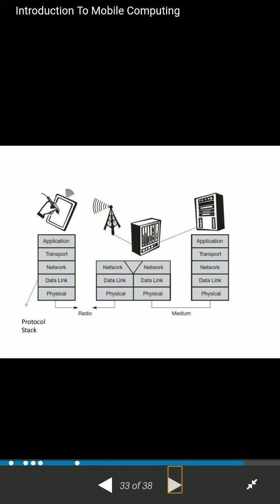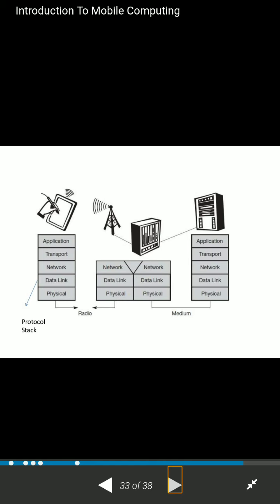If the sender on the left side is sending information, first of all it goes to the PDA, and after that from the PDA to the receiver side. Mainly at the bottom, the physical layer, we are communicating from one layer to another layer, right?